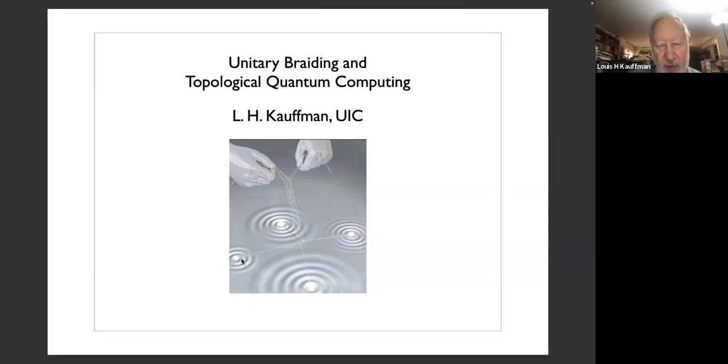One geometric point of view that we're about to talk about is the following: you imagine a physical system that's two-dimensional, and in that physical system there are entities that can move around, like these little vortices that you see here, these concentric circle entities. They can move around one another, and when they do, there's a phase change in the physics. So one has configurations of points that are moving around.